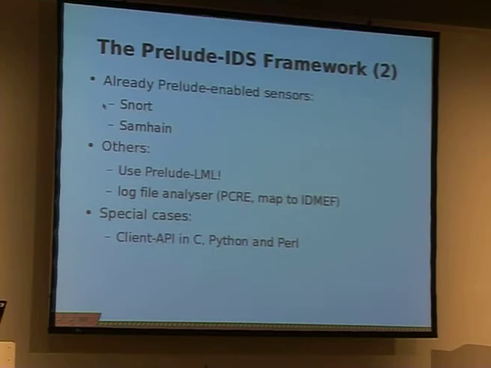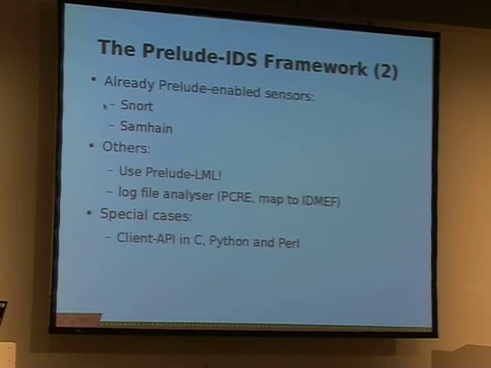You can use almost every sensor or IDS system for Prelude, but as you can see on the slide, some projects, for example, Snort and Samhain, are already Prelude enabled.